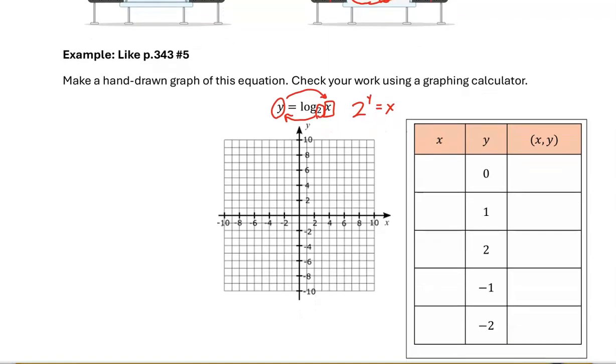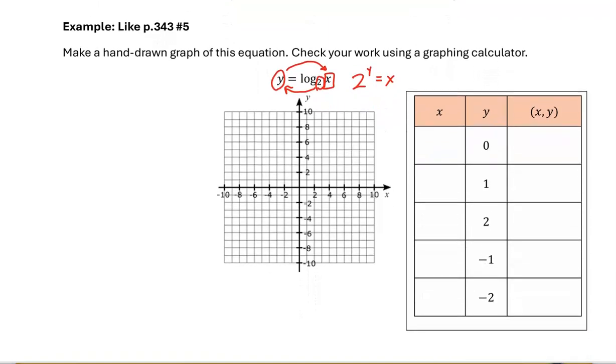I'm going to use exponents for y and see what the result of that is, and that's going to be my x. So 2 to the 0 is 1. So I'd have 1 comma 0. X-intercept right there again. 2 to the 1 is just 2. 2 comma 1. Over 2 up 1. 2 to the second is 4. So I'd have 4 comma 2.